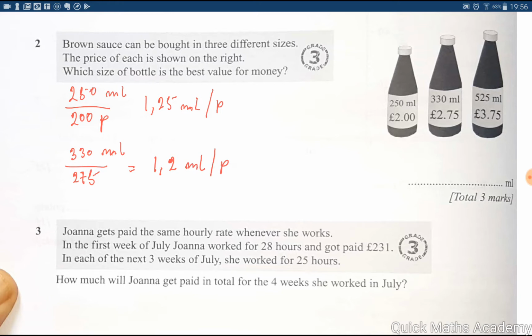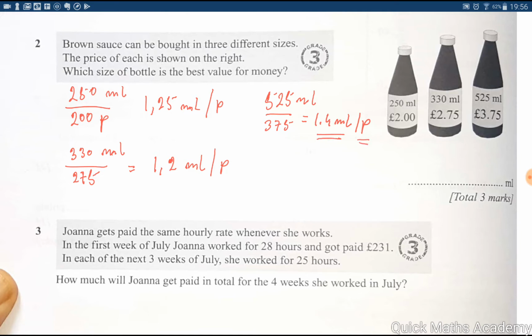The third one, we have 525 milliliters divided by 375 pennies, and that will give me 1.4 milliliters per each penny. So the best value for money is the 1.4 per penny.